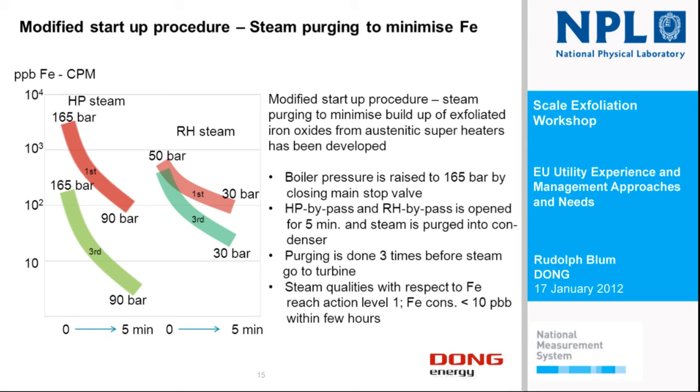And I have seen samples cut out of these boilers, and they have been in operation with no problem. Truly, they are completely exfoliated. They only consist of the inner oxide layer, the chromic spinel layer. There is only a very thin iron oxide layer on the top.